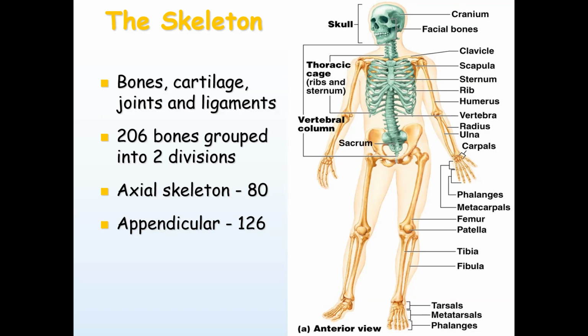Now, based on what I've just said, hopefully it has occurred to you that this is another good way of determining the age of a skeleton, right? Last time I said to you, you can determine the age of a skeleton by looking at the ends of the long bones and seeing how much cartilage there is in the epiphyseal plate. But you can also look at the number of bones present and how well they fuse together.